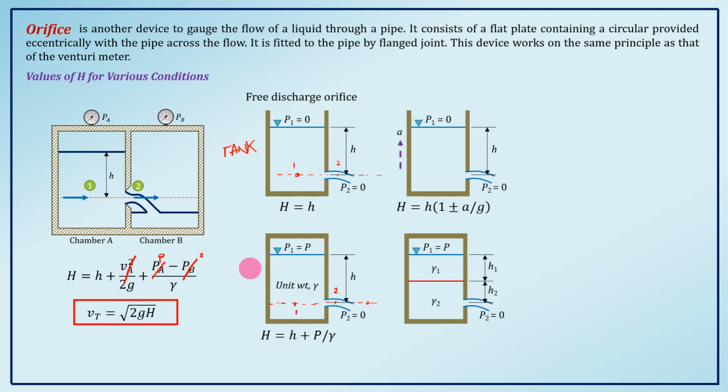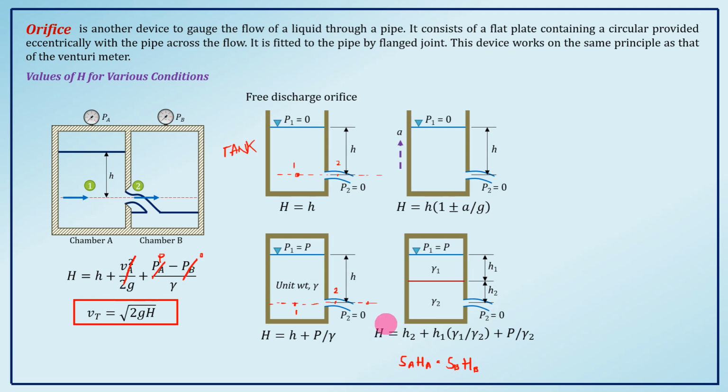For this condition, we will use the relationship of specific gravity and height, which is SG, or what I used to memorize as "saha-baha": SA HA is equal to SB HB. You will use this to calculate the total head in terms of the pressures, and you can derive this equation.